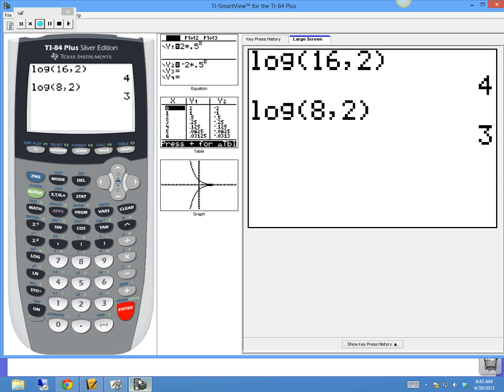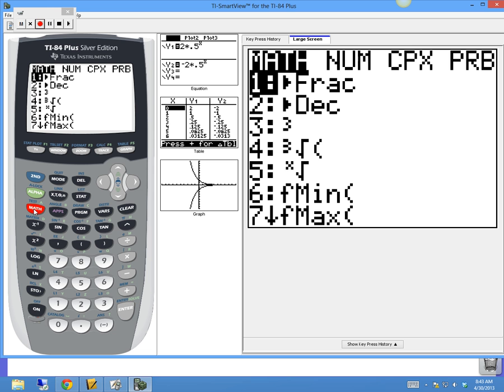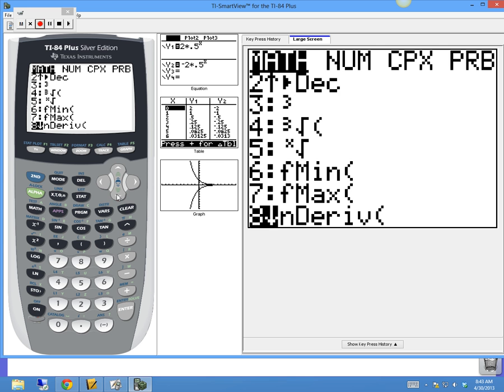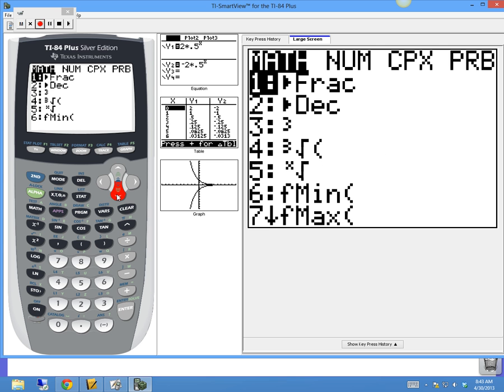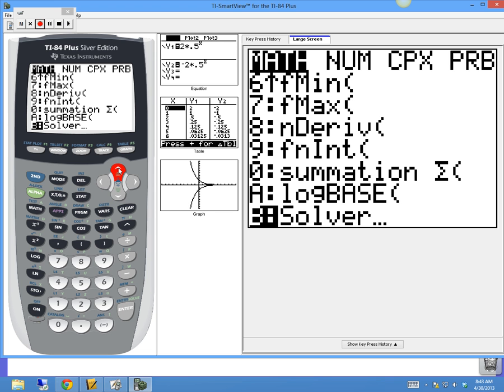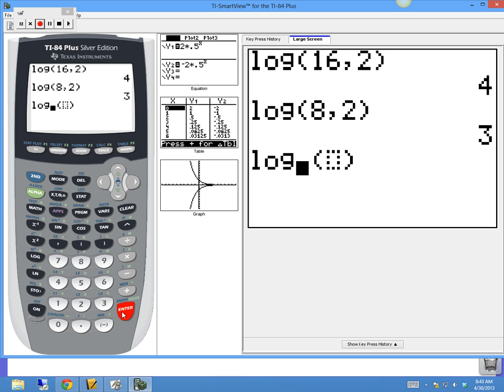On these calculators, if you go math, there's a template, but I'm not sure if the calculator that pulls up on your computer will have the same template. It's A, log base right there. It'll pull up the template so you can go log base 2 of 8.